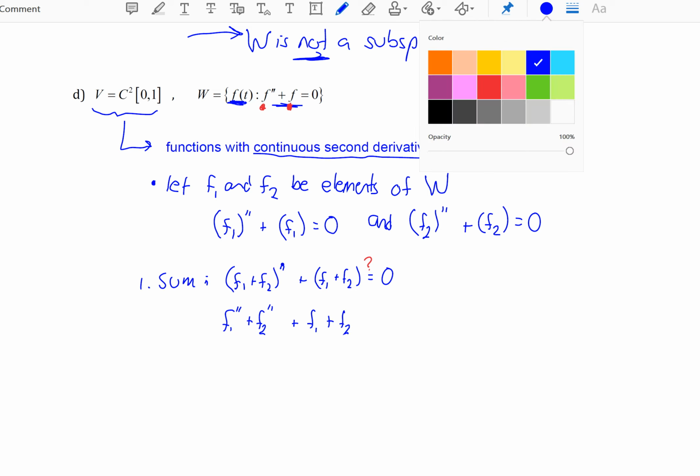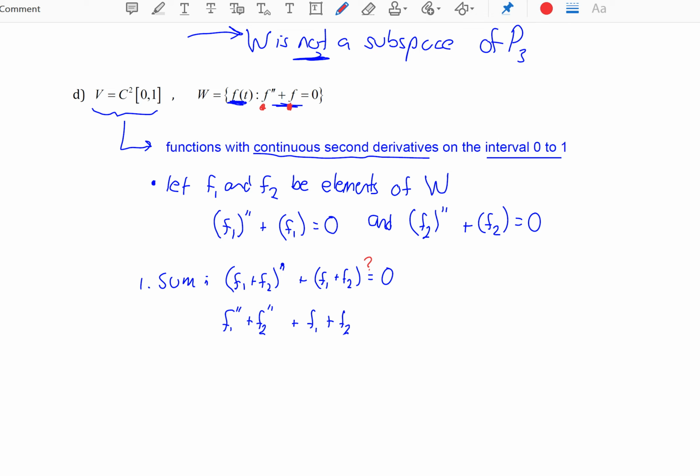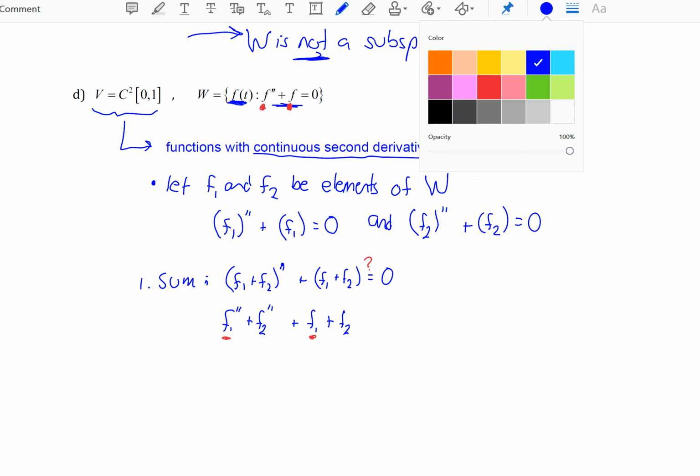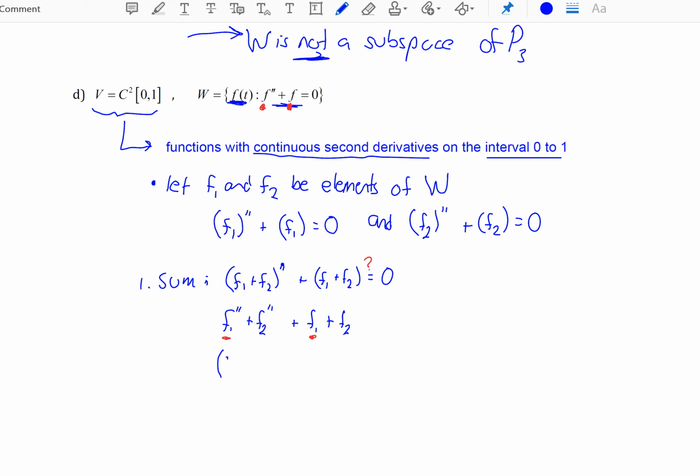And we could choose to rewrite these functions to get similar terms together. So maybe we could write this as f1 double prime plus f1 and group f2 double prime with f2.